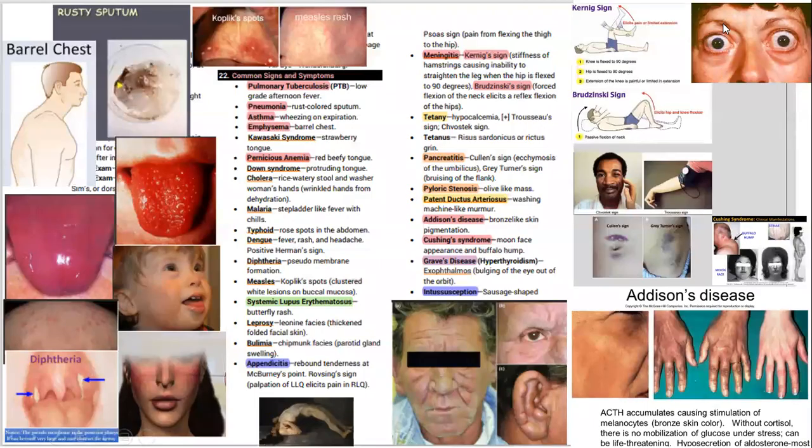Next here is called meningitis. Meningitis is the infection of the meninges, and the meninges protect our brain tissue. If a patient has meningitis, it usually causes a stiff neck, headache, and fever.